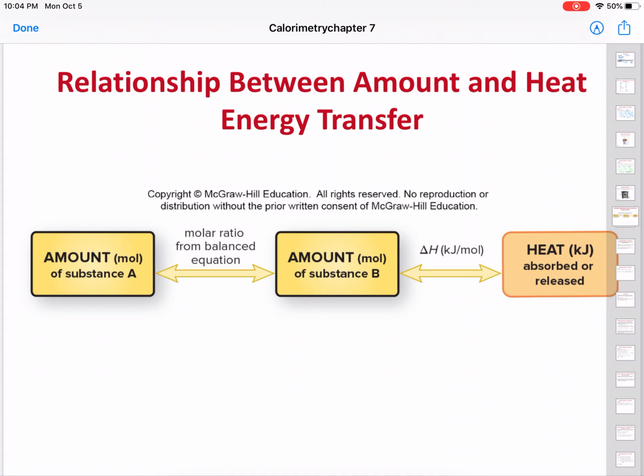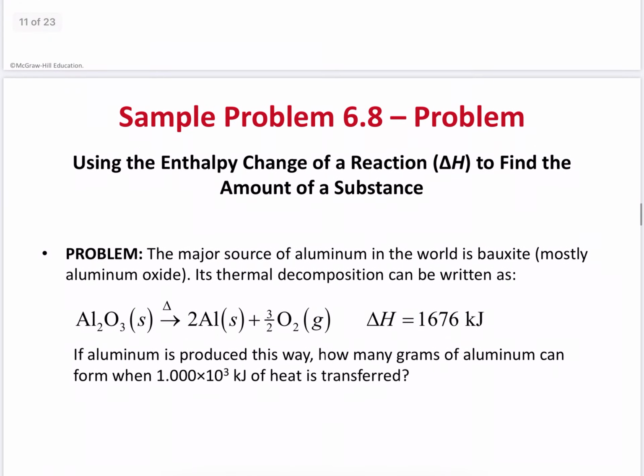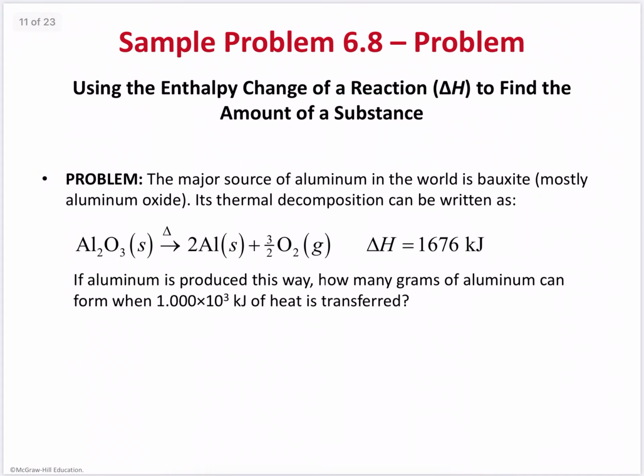If you have moles of substance A, we can use the molar ratio from the balanced equation to relate moles of substance A to moles of substance B. Similarly, if you know the delta H of the reaction, just like the molar ratio, we can also correlate the number of moles of substance A or B to the heat absorbed or released, which is the delta H. Now let's look at that concept with this example.